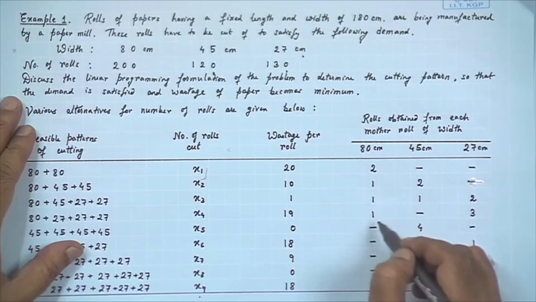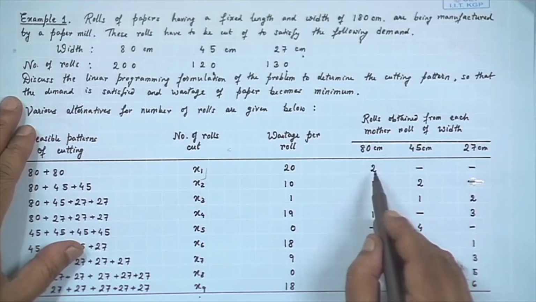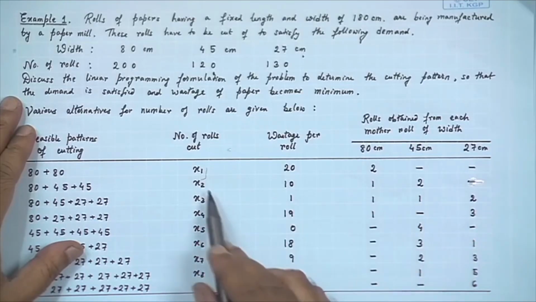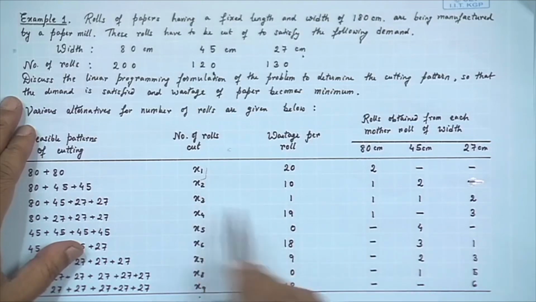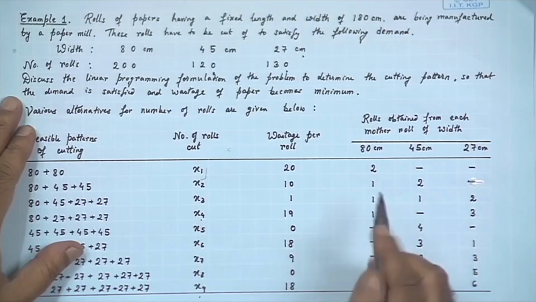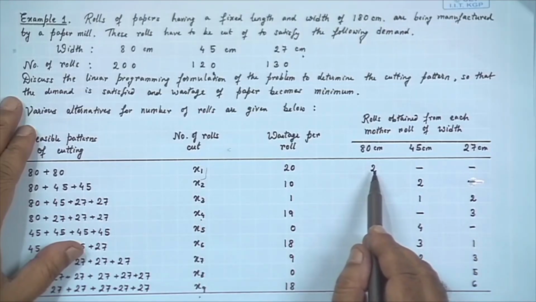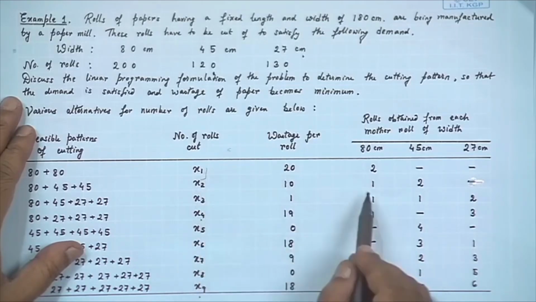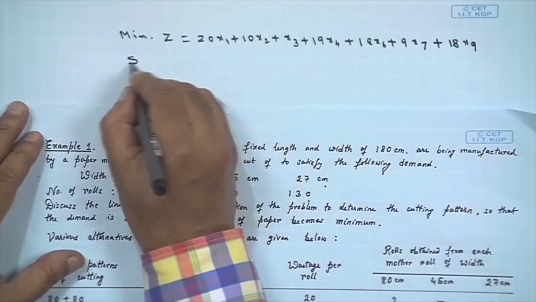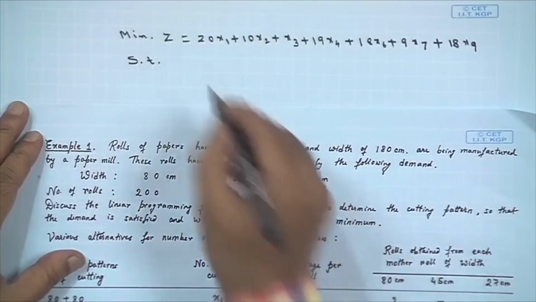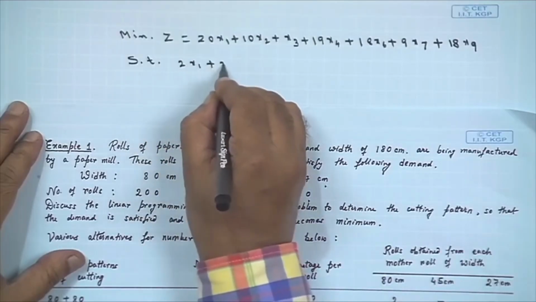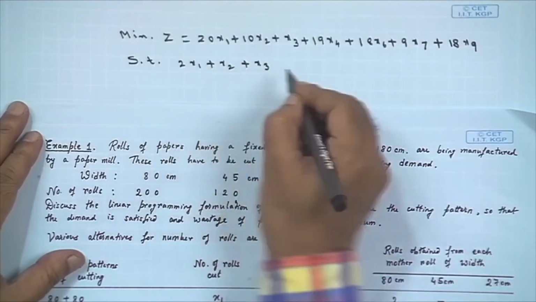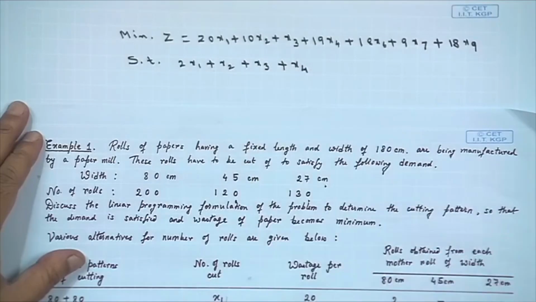Here, the number of rolls I have obtained, we have written here. For 80 centimeter I got 2 rolls of x1, 1 roll of x2, 1 roll of x3 and 1 roll of x4. So, for 80 centimeter, total how many rolls did I get? 2 into x1 plus x2 plus x3 plus x4. So, subject to, from here, 2 x1 plus x2 plus x3 plus x4.